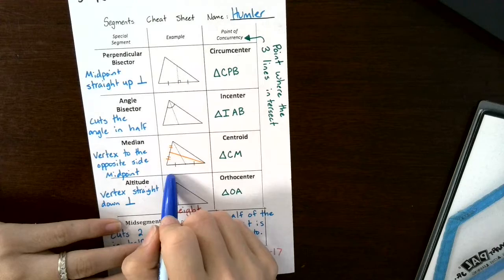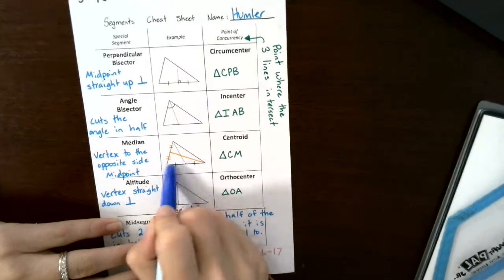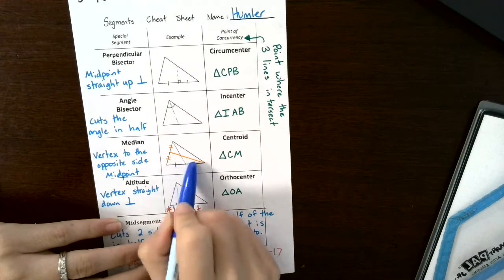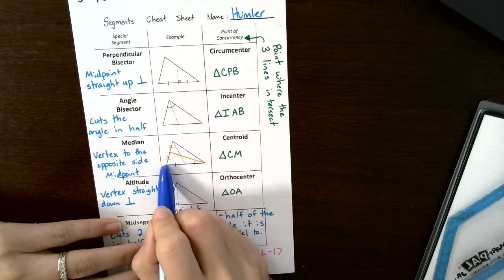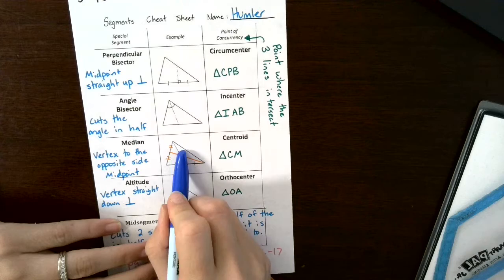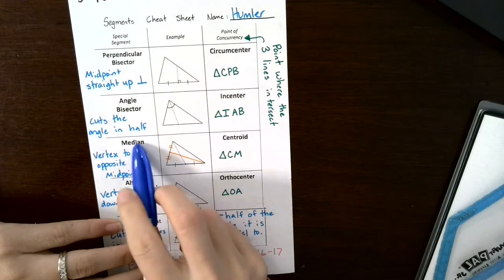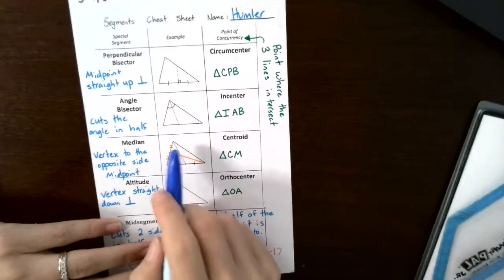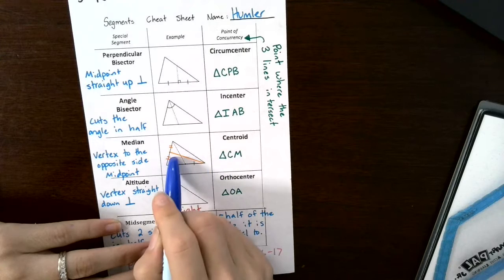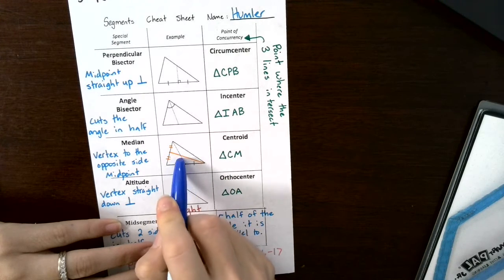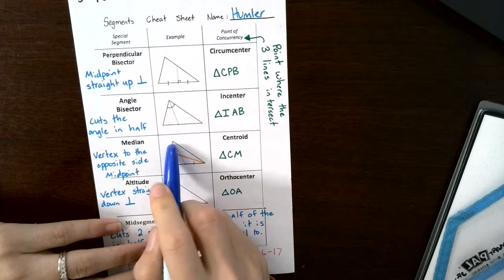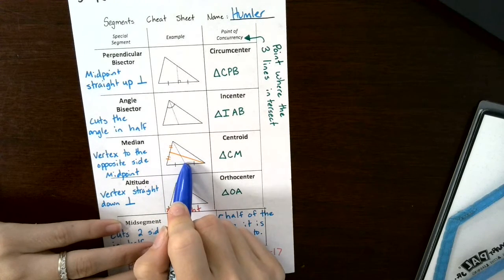It doesn't go straight down. It goes down to the midpoint of another side, so it cuts the other side in half. And then this point where the other sides would also intersect, that point for medians is called the centroid. The centroid for median. If I drew on my third line, that would be my point of concurrency, from the vertex to the opposite side midpoint.